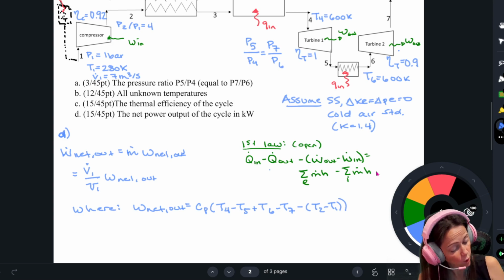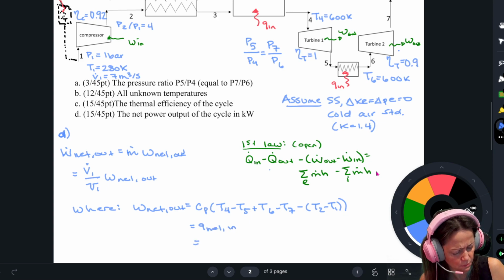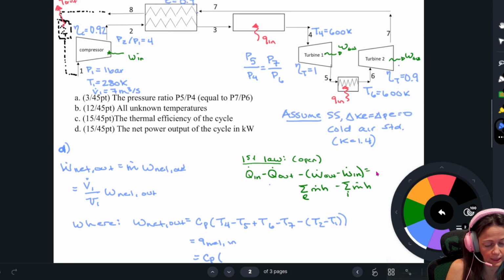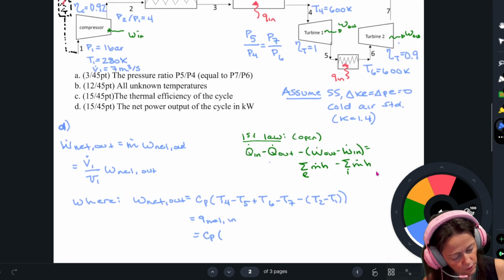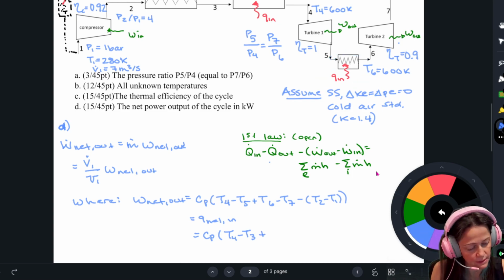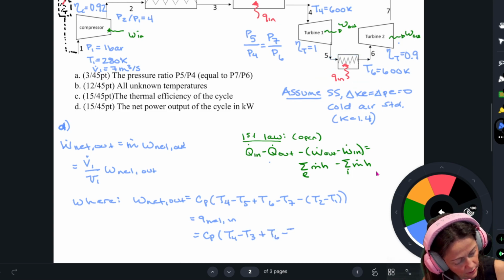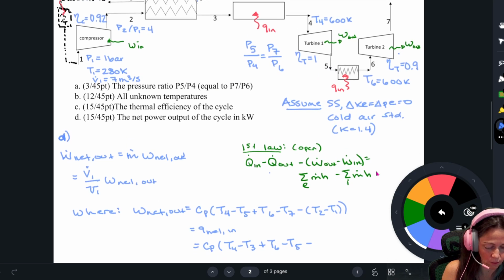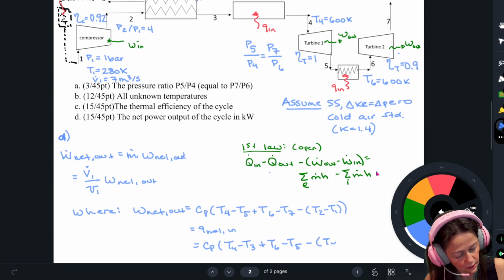Here we go. Or you could have said it was equal to Q net in. That would have been okay too. I don't think many people did that, but you could have. So Q net in is anything coming in minus anything coming out. You've got things going on between 3 and 4, so T4 minus T3, plus between 5 and 6, so T6 minus T5, minus the Q out, which is going out between 8 and 1, so T8 minus T1.